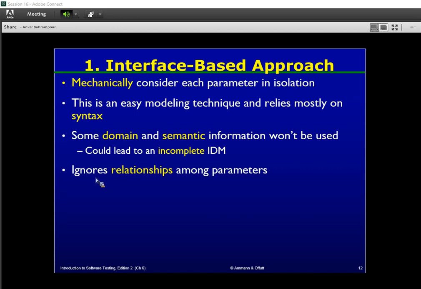And in this approach, we usually ignore the relationship among parameters, because there is no knowledge about the semantics of parameters or their relationships.